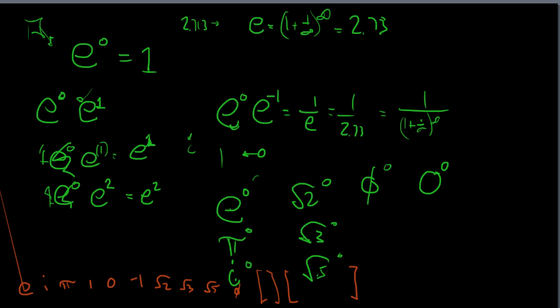How many we got? 1, 2, 3, 4, 5, 6, 7, 8, 9, 10, 11, 12. And of course there still is one more, infinity, which of course is pretty close to 1 over 0.